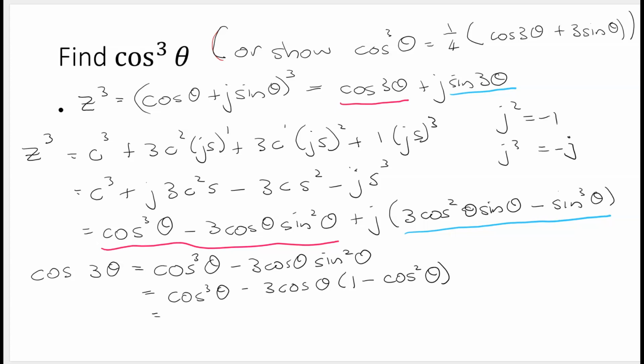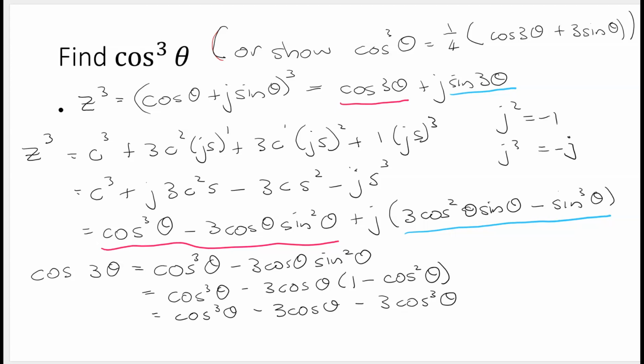Getting closer. Now multiply out the brackets. Okay, not there yet, but let's tidy that up.